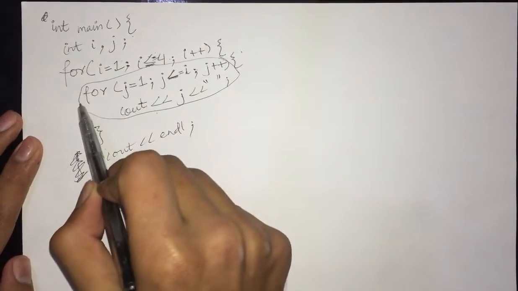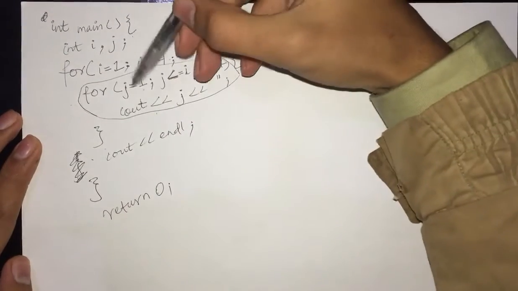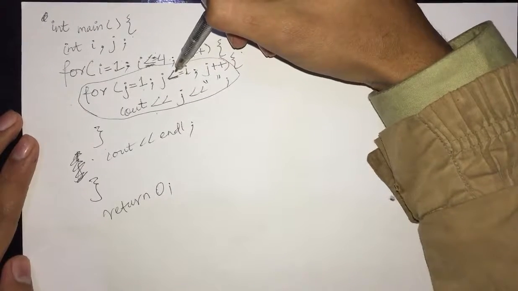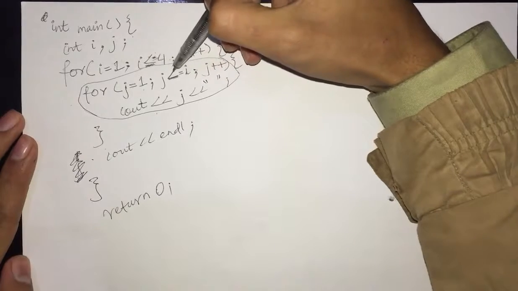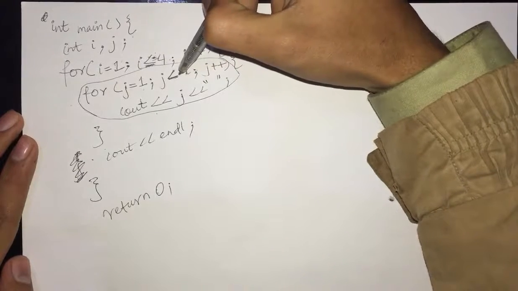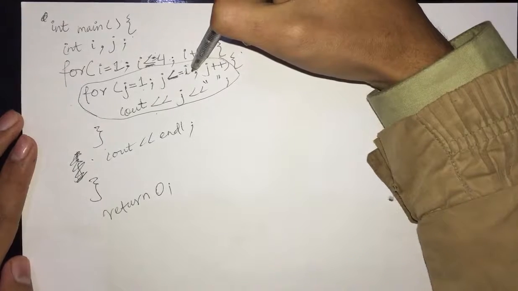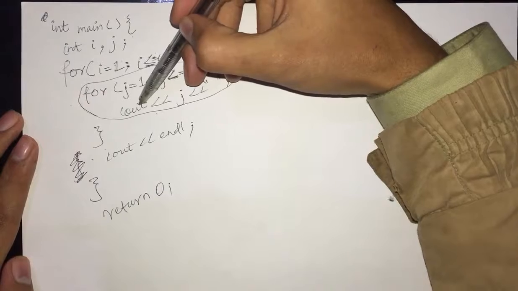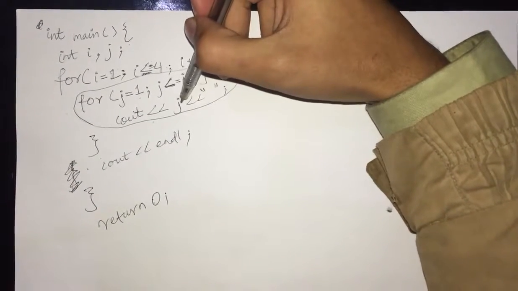So for j equals 1, j is also initialized at 1. The condition is if j is less than or equal to i. Here i was 1, so j is 1 and j is equal to i, so the condition is true. So we go to the cout statement and cout j, and j is 1.